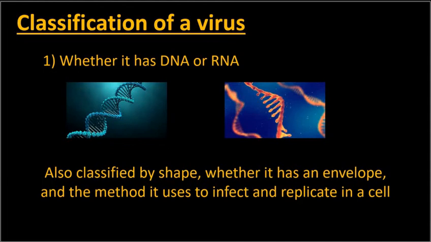Besides DNA and RNA, it can be divided up by shape. It can be divided whether it has an envelope or not, how it infects a cell, how it replicates in a cell, and on and on and on. So primarily what we're going to look at is DNA or RNA as far as the two main categories. But realize it can be divided up by these others because there's so many different types. It is difficult to divide them up into easy groups.